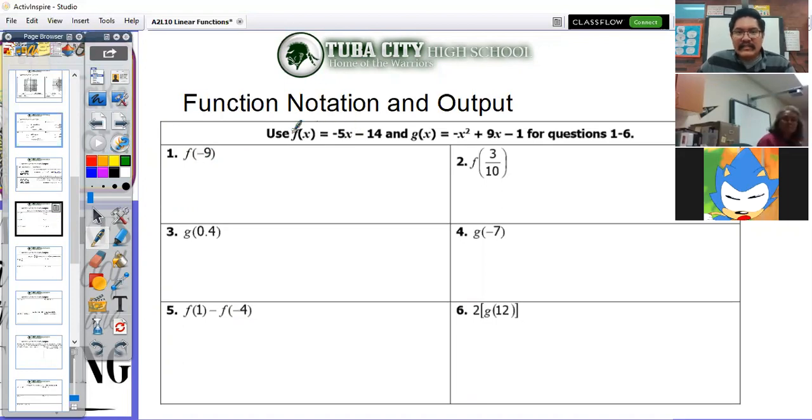And the directions say to use these for f and g functions. So f of negative 9 means take your function f and plug in negative 9 everywhere you see x. So negative 5, there's x, minus 14.